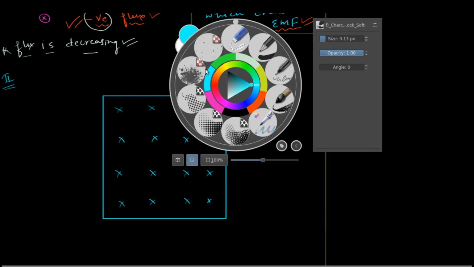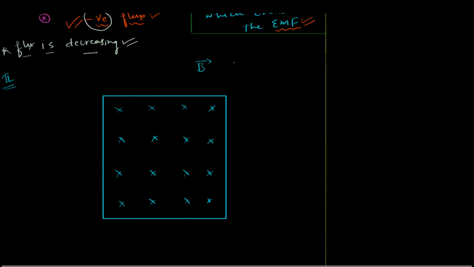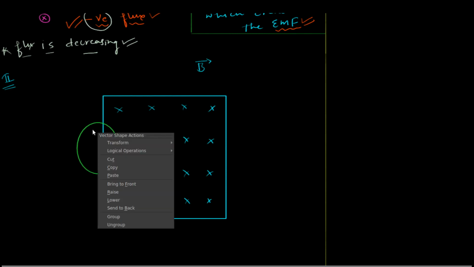In this region we are bringing a circular loop of conductor, and the loop of this conductor lies in the same plane as the magnetic field itself, right? So I have a conducting loop like this, no current in this loop yet.